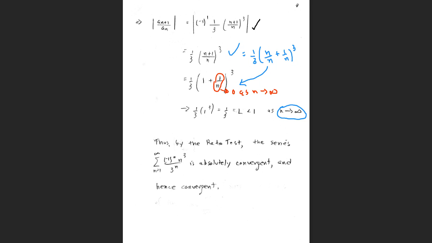So this ratio will approach 1/3, okay? And that's the L value, and that's less than 1. So therefore, by the ratio test, this series is absolutely convergent. An absolutely beautiful type of test, the ratio test.